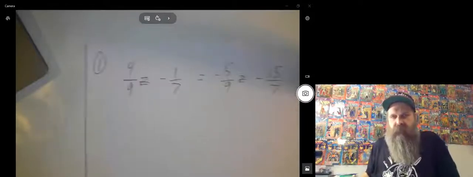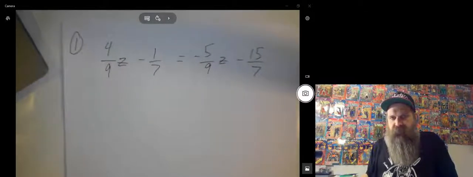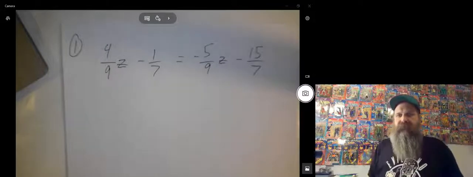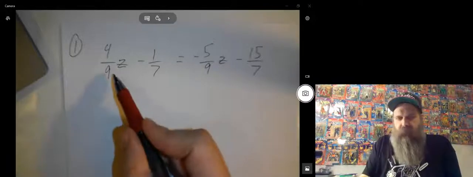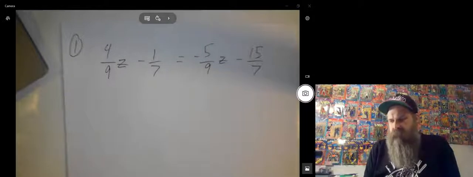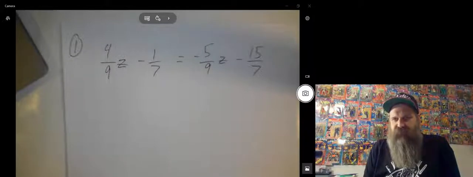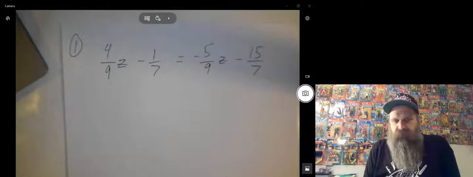How can we solve an equation with fractions by multiplying everything by the LCD? Let's take a look. Here we have 4 over 9 z minus 1/7 equals negative 5/9 z minus 15 over 7.